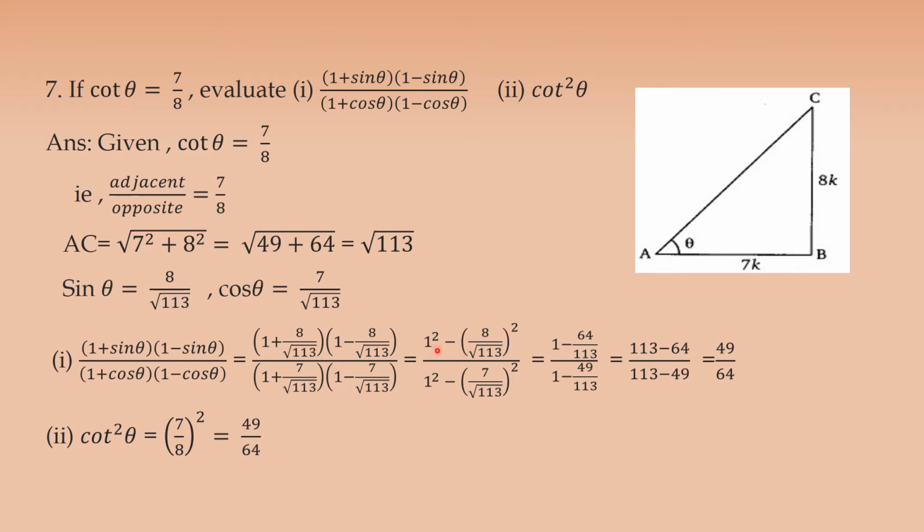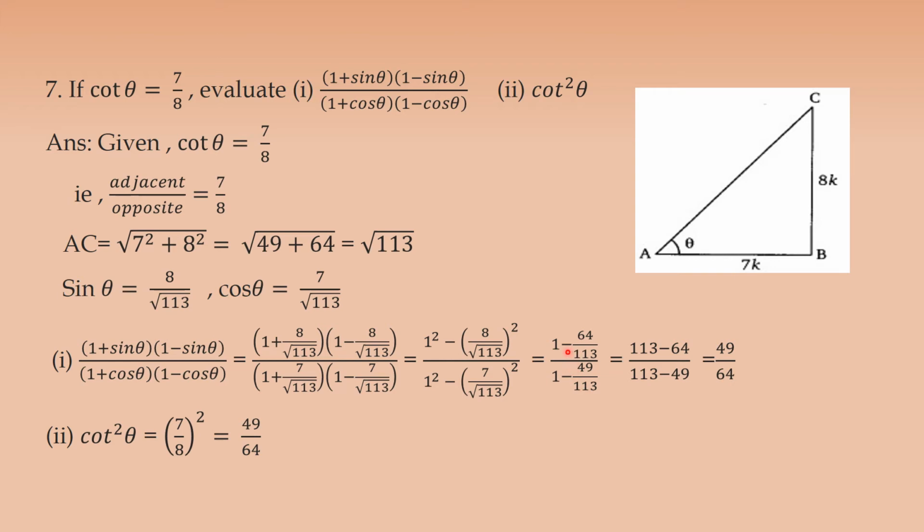So the numerator and denominator can be written as 1 square minus (8 by root 113) whole square divided by 1 square minus (7 by root 113) whole square, which is equal to (1 minus 64 by 113) by (1 minus 49 by 113).